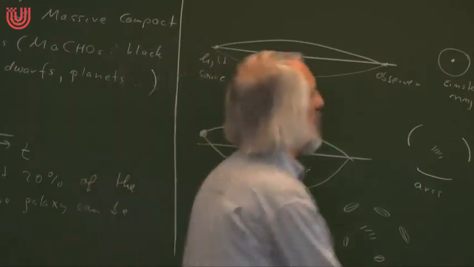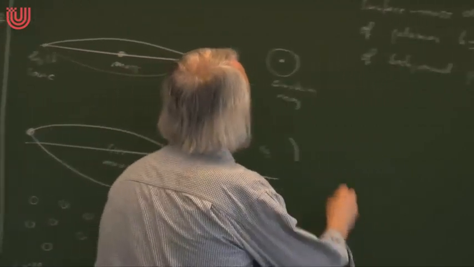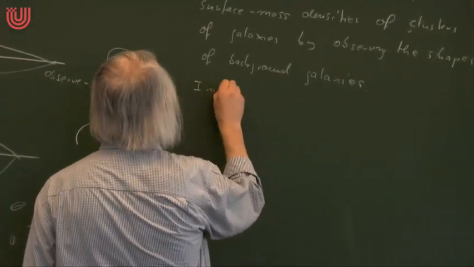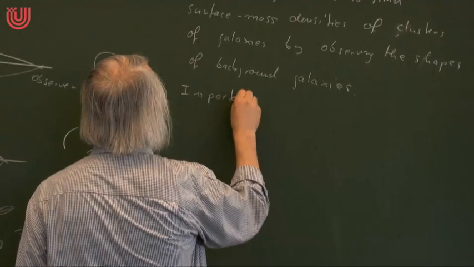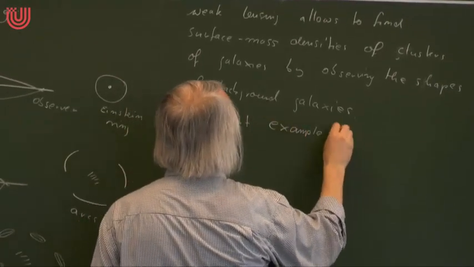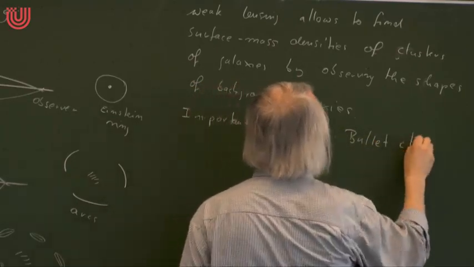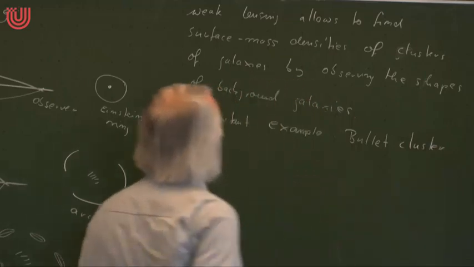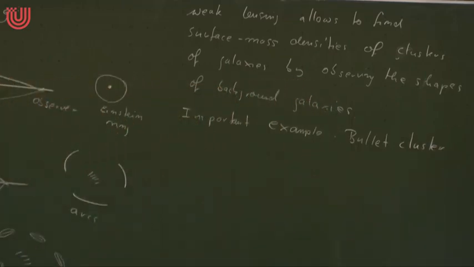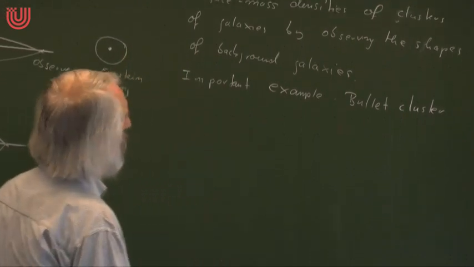The most important example in view of dark matter is the so-called bullet cluster. Well, actually, I should say the first bullet cluster, because by now we have, I think, 3 or 4 such examples. But the first one was discovered in 2004 or something like that. It is the most famous bullet cluster.